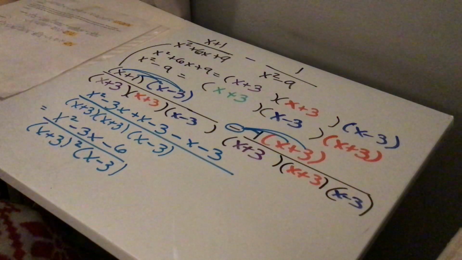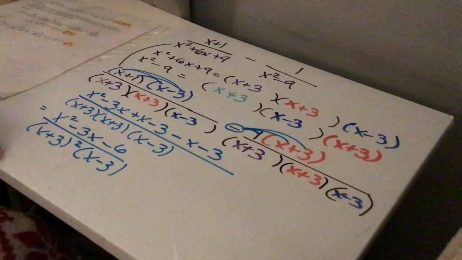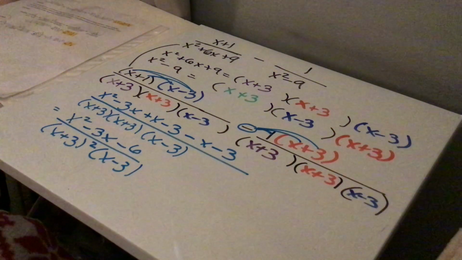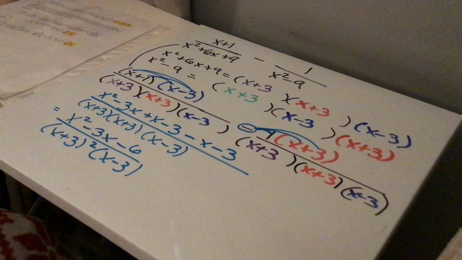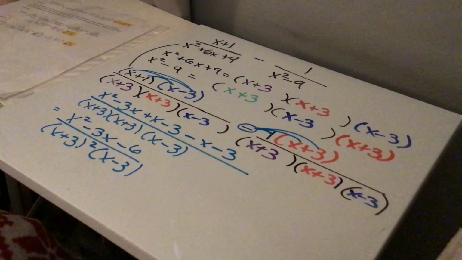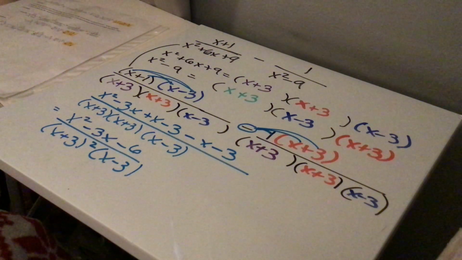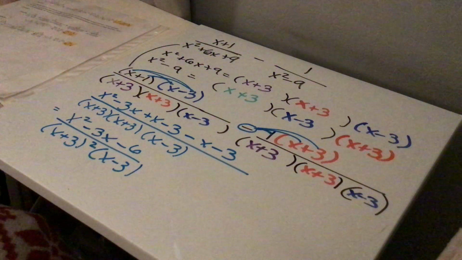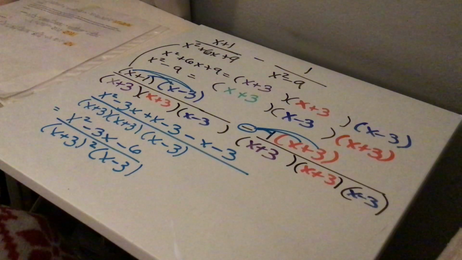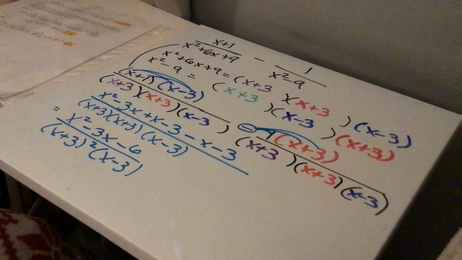And x squared minus 3x minus 6 can't be factored, so that would be our final answer. So unlike denominators, rewrite them with a like denominator, and then multiply by what was missing, and finally then you can add or subtract.